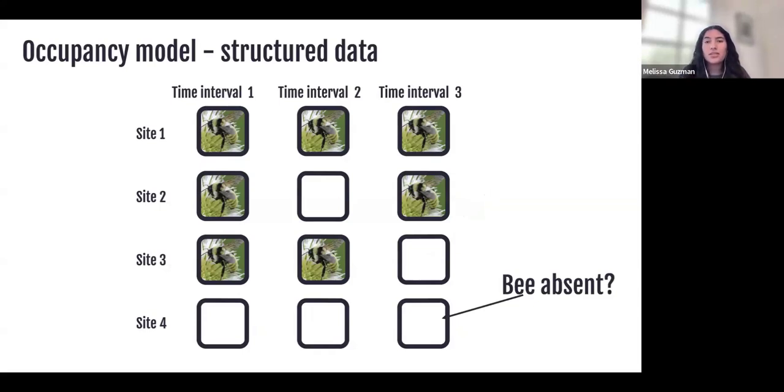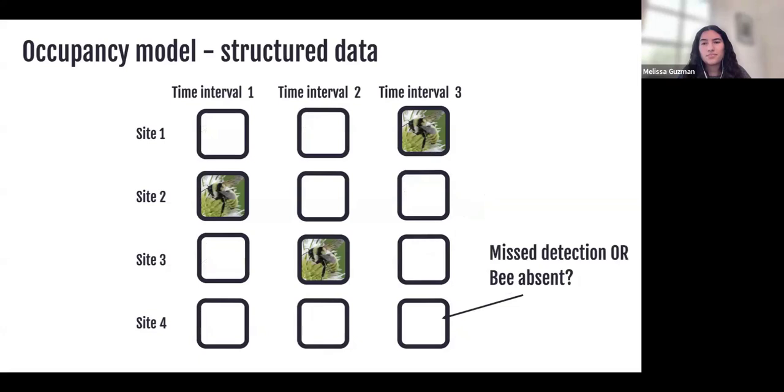And because our ability to detect species is quite high in this scenario, we're quite confident to say that the species is absent. But when our ability to detect species is poor, disentangling true absences from missed detections, or non-detections, is a little bit more challenging. And that's exactly what occupancy models help us do.